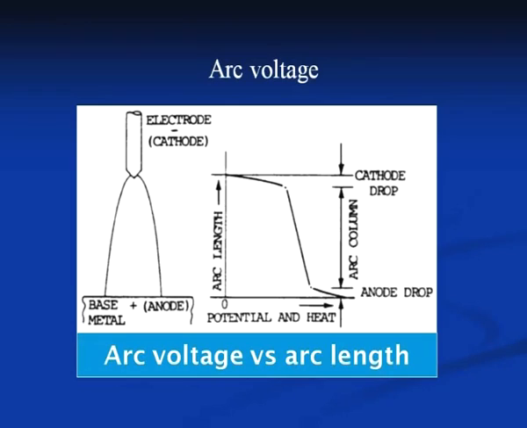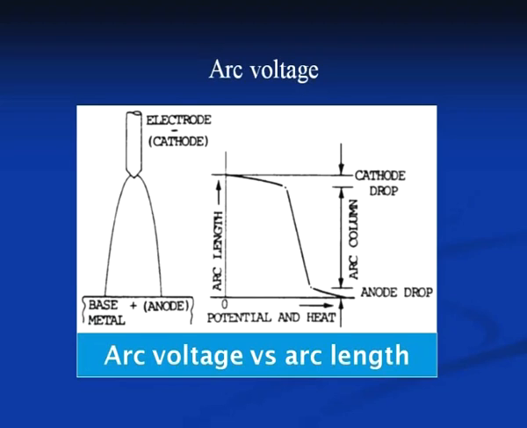As we can see in this diagram, the arc voltage is the voltage between the electrode tip and the base metal, where the entire zone between the electrode tip and the base metal can be divided into three areas.